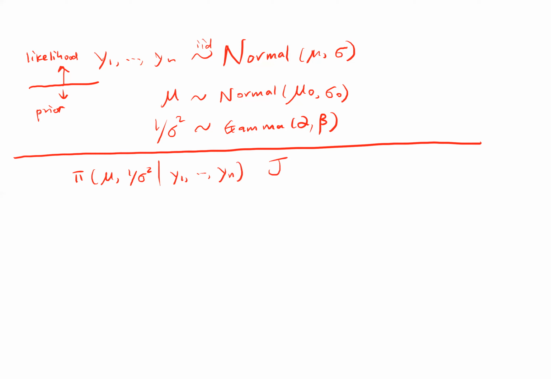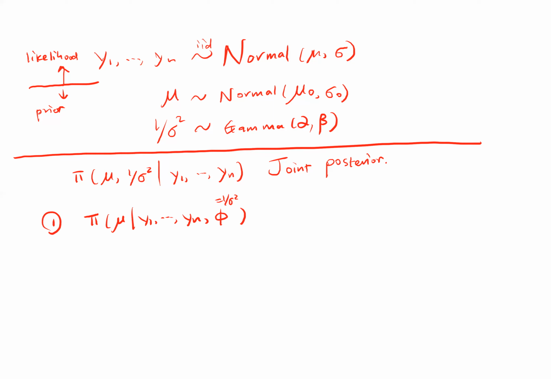So this is what we call the joint posterior. What we're doing right now is, instead of working with the joint posterior directly, we'll break it into two parts. Both of them are full conditional posterior distributions. So you will have to deal with mu given y1 through yn and phi, which is 1 over sigma squared.